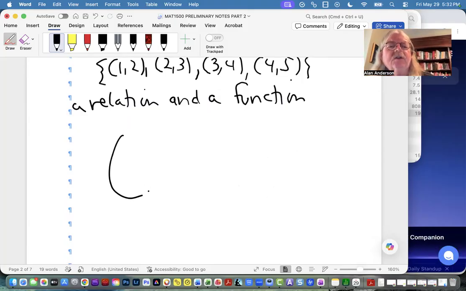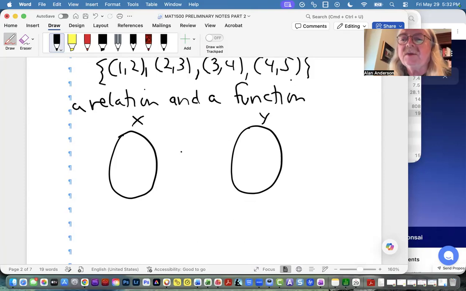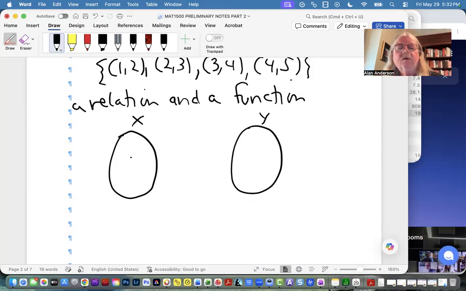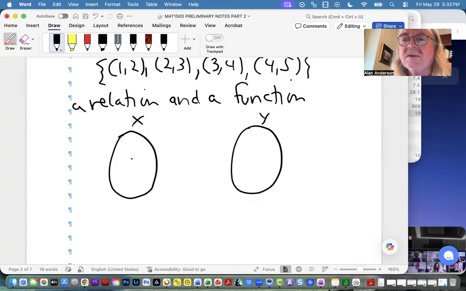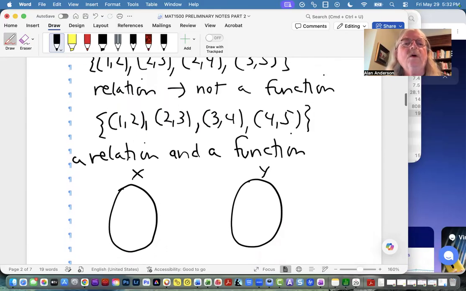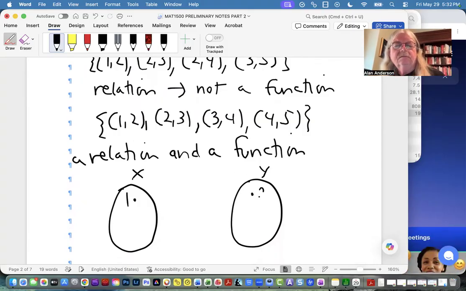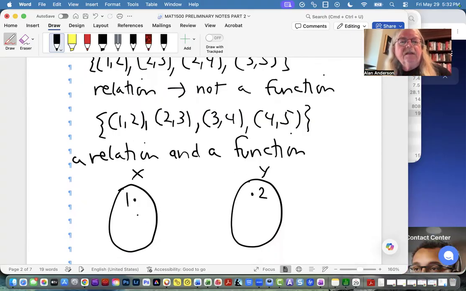So sometimes you see these ordered pairs drawn in a slightly different way, which I think might be a little easier to visualize. Let's say here's your x and here's your y. Okay, this is meant to represent a set of numbers that belong to these two. This on the left, you're seeing all the x's that we can substitute. And so if you go back to this first case, you have 1 and 2, 2 and 3, and 3 and 4.